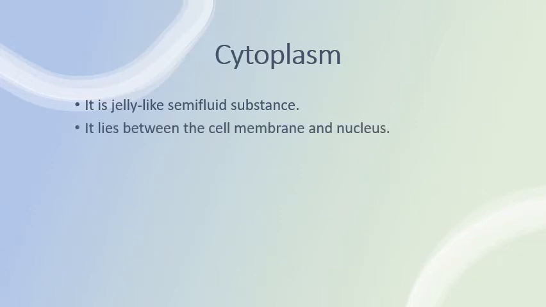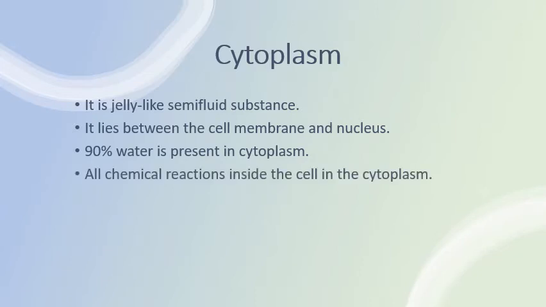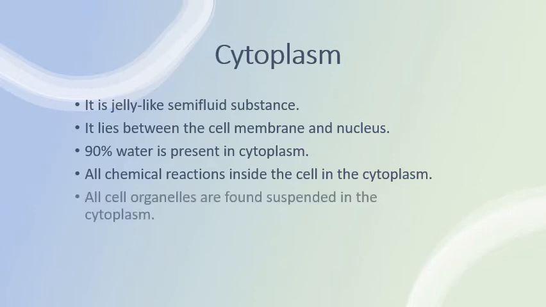It lies between the cell membrane and nucleus. 90% water is present in the cytoplasm, and all the various chemical activities that occur inside the cell take place in the cytoplasm. All cell organelles are found suspended in the cytoplasm.